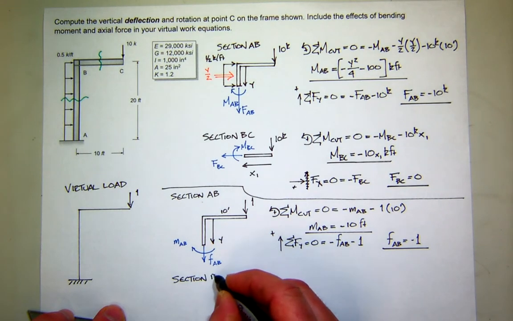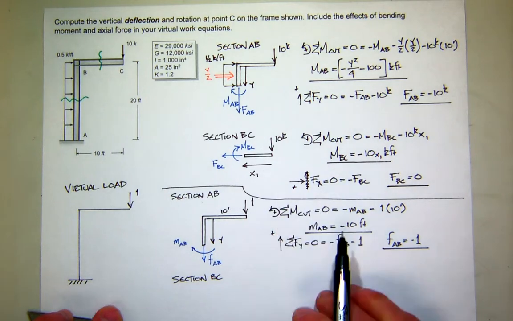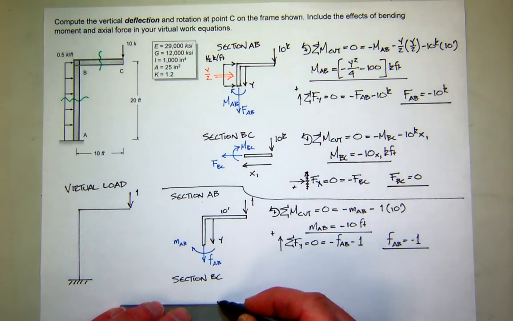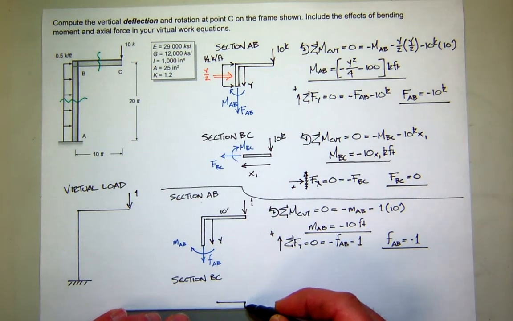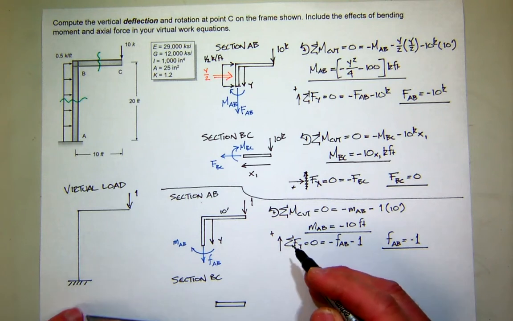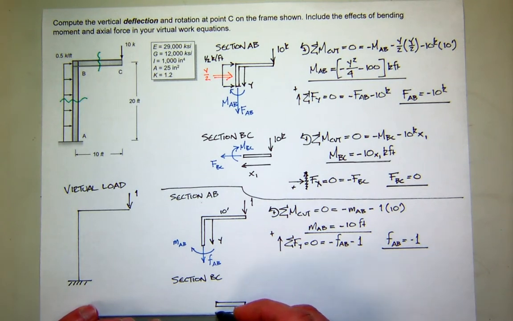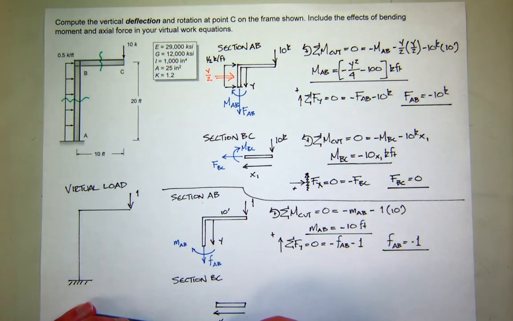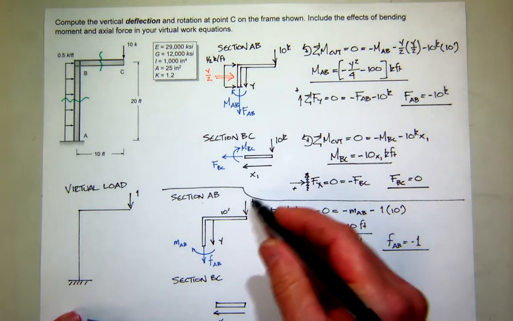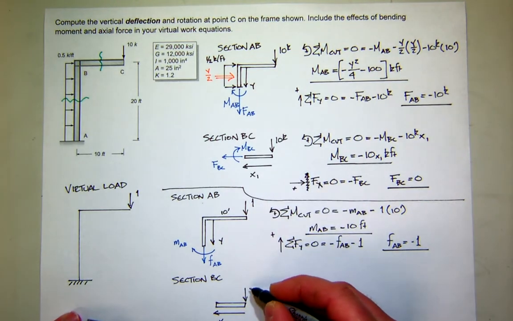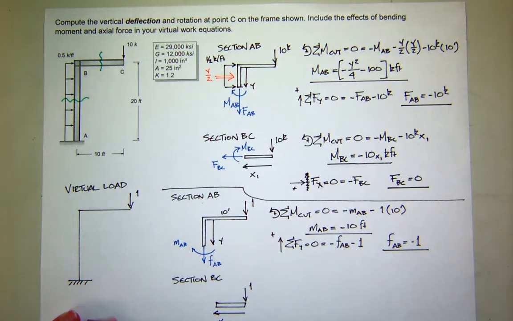All right, now let's go to the next section. This will be section BC. We already know what our free body diagram looks like, the geometry of it, I should say. We're using a coordinate system from the free end, which we called x1. And now on that free end we have our force 1.